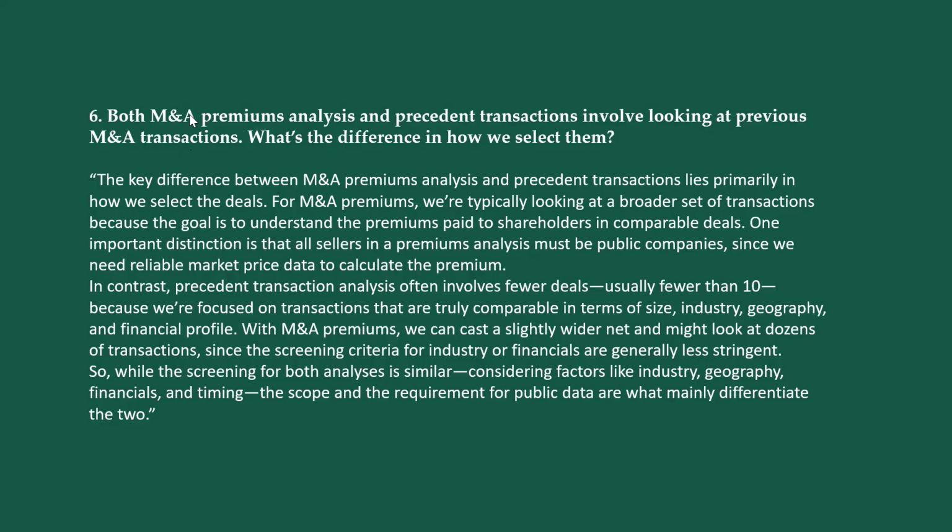Industry and financial screenings are less stringent. The key is the relevance of the type of transaction rather than exact comparability. So these were the selection criteria for precedent transactions and merger and acquisition premium analysis.